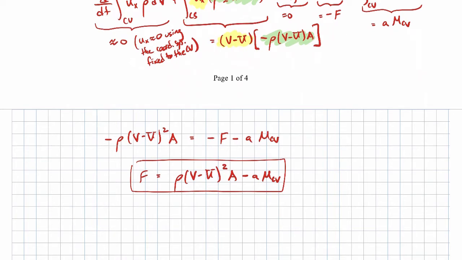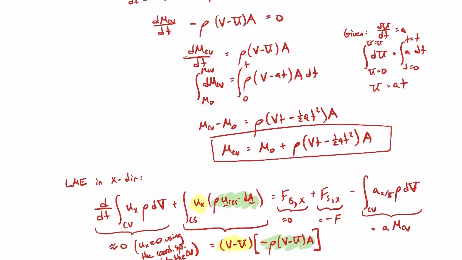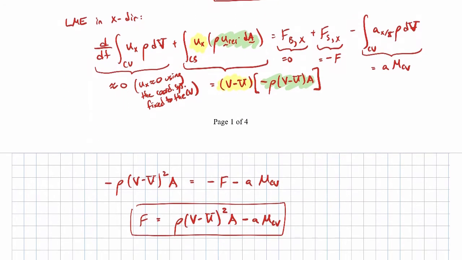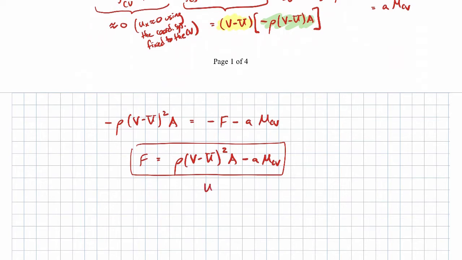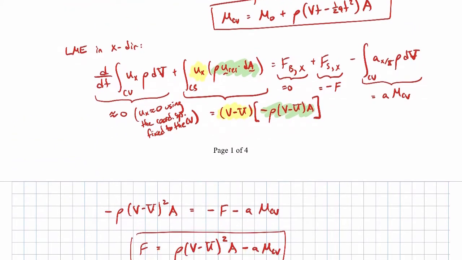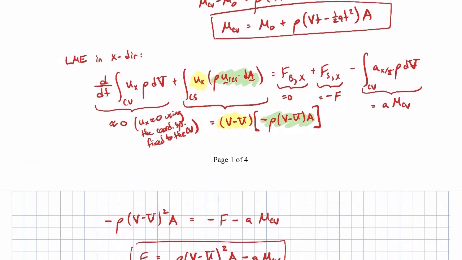And to be thorough, we know that u and the mass in the control volume are functions of time, so we should substitute those in. u is given right here, and the mass in the control volume we found earlier. So we'll just repeat them here. u is a times t, and the mass in the control volume is the initial mass plus rho v t minus 1/2 a t squared times the area.